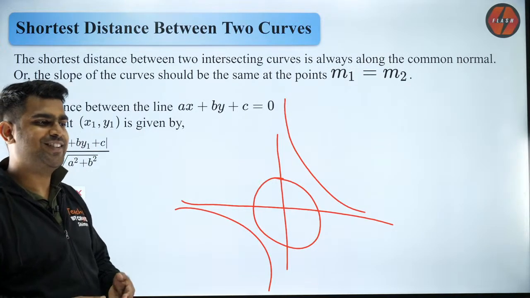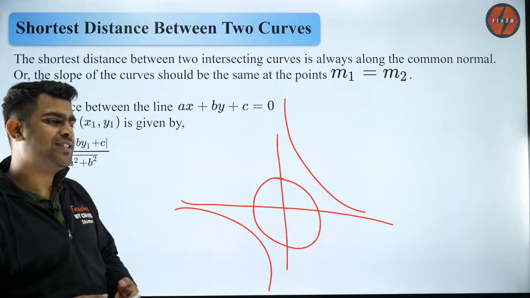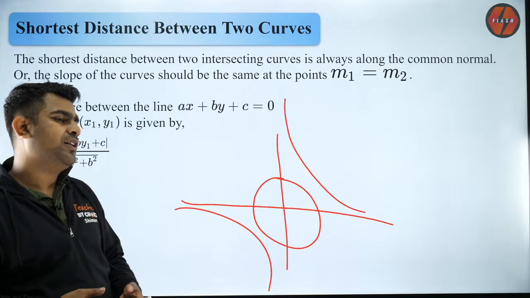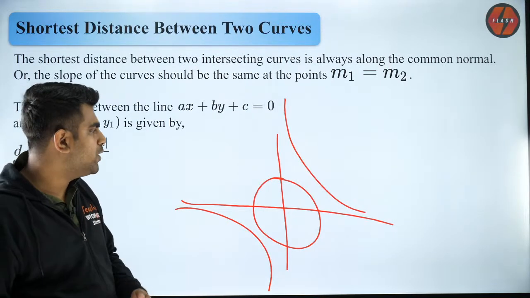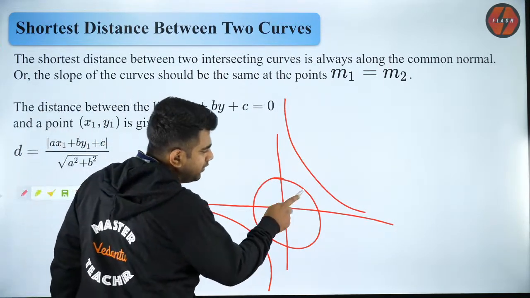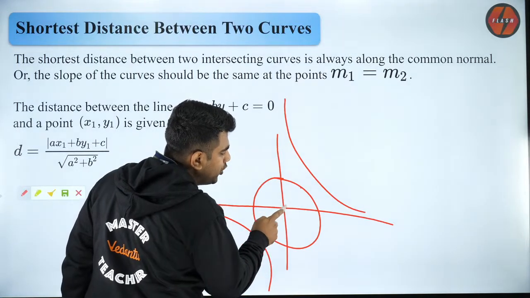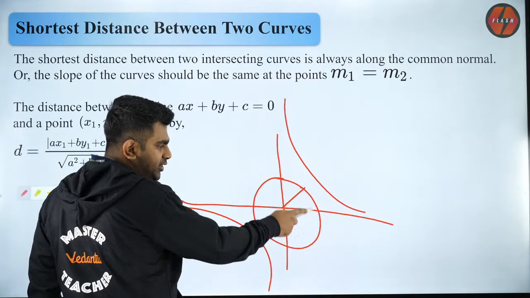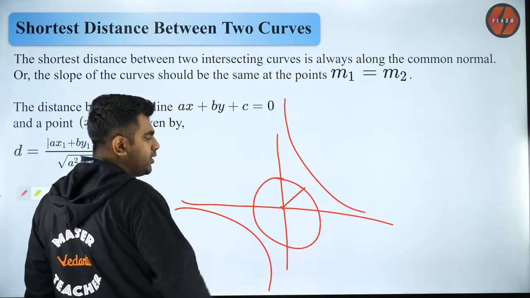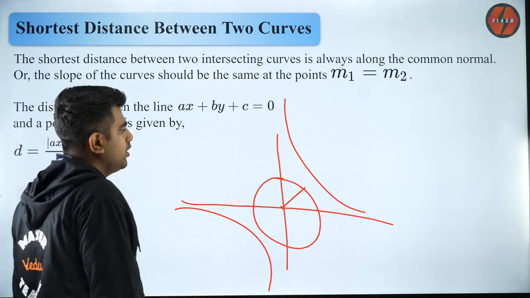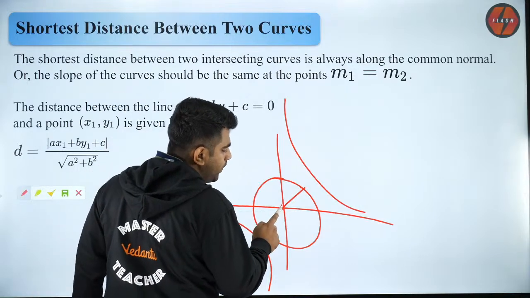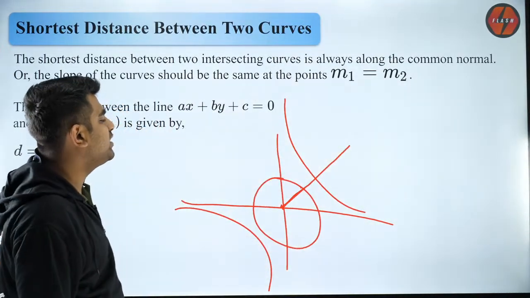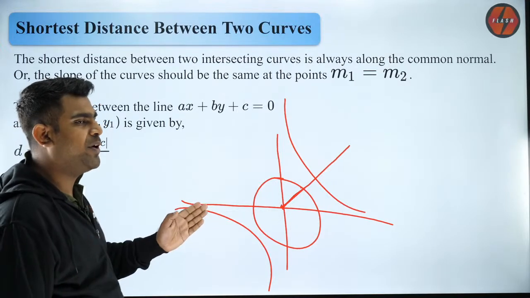Yes, Shreya, that's correct. Very good, Aishwarya, very good, Uncharted. What we do is, we try to find the common normal. Every normal to this circle will pass through the center, which is origin. The shortest distance is always through the common normal.